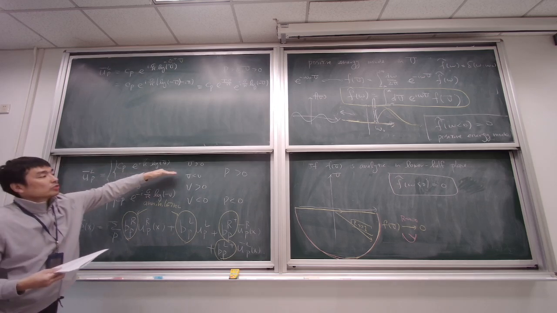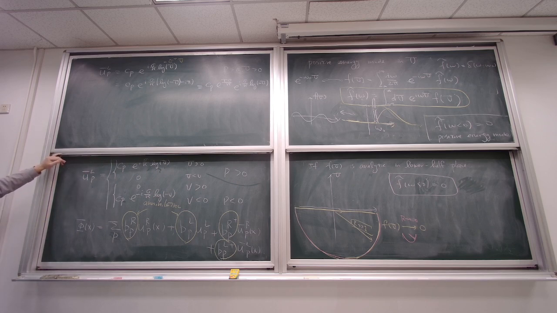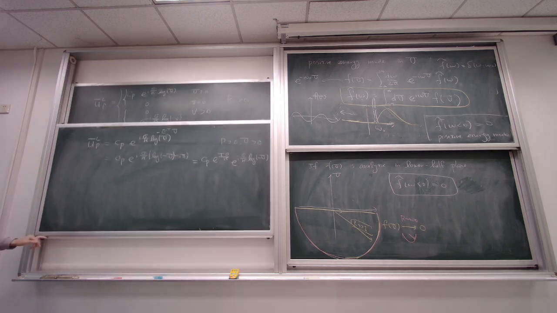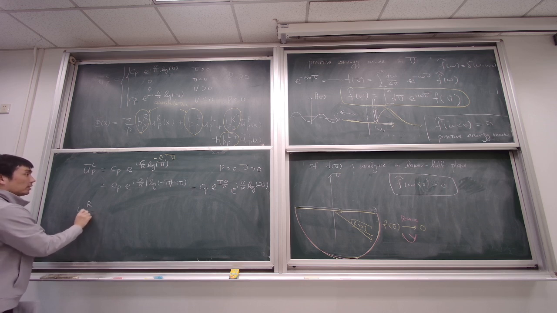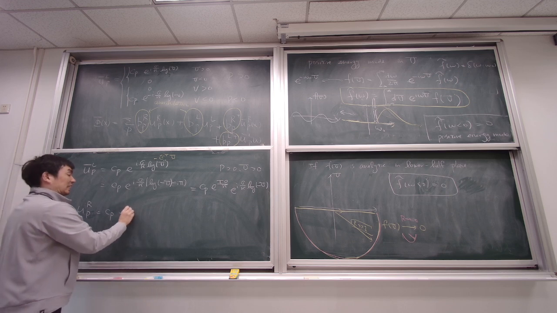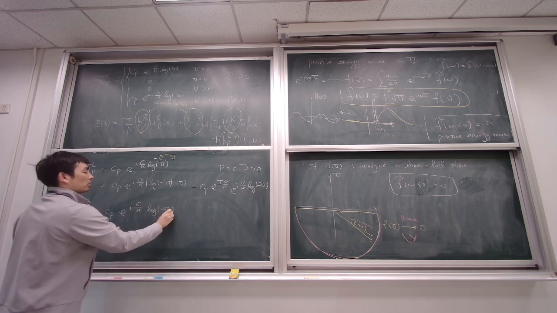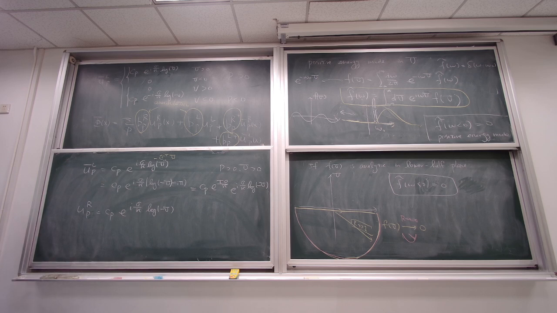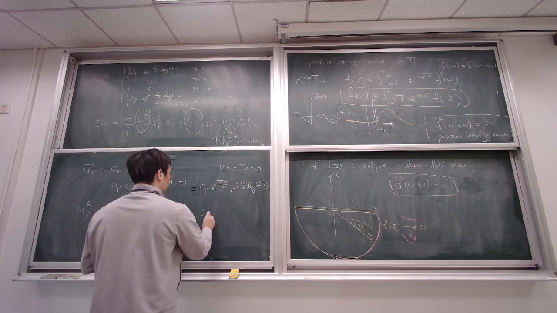I picked this solution, log minus U. So the minus U part is the UR part. That's exactly the point. R of P is equal to Cp e to the I sigma over kappa log minus U. So this is P positive and U negative.